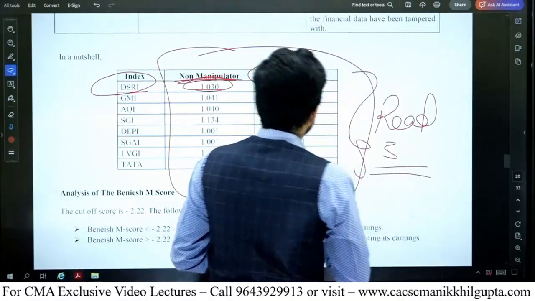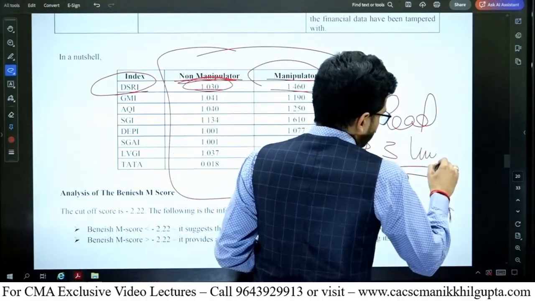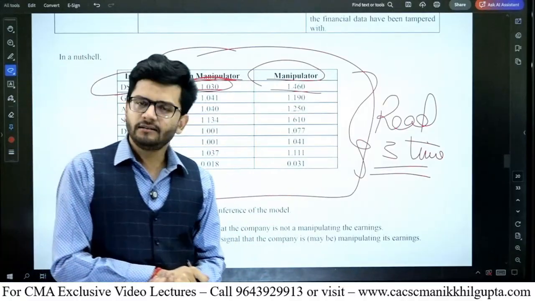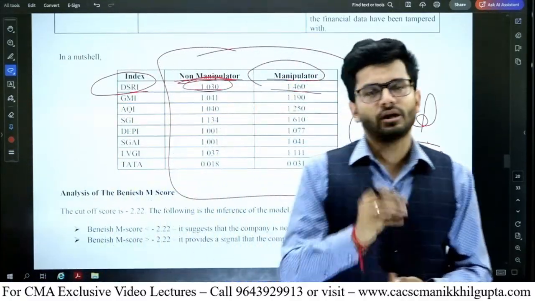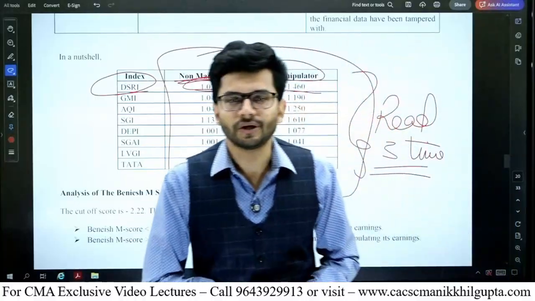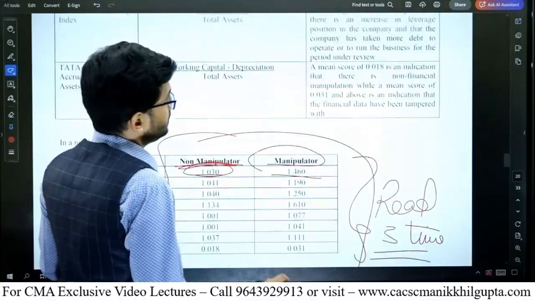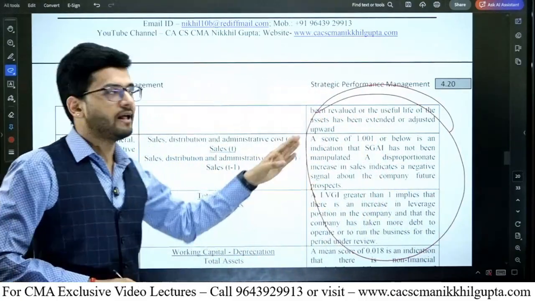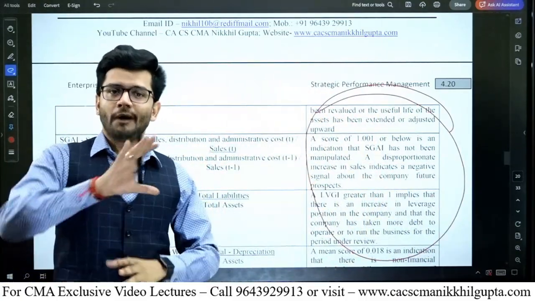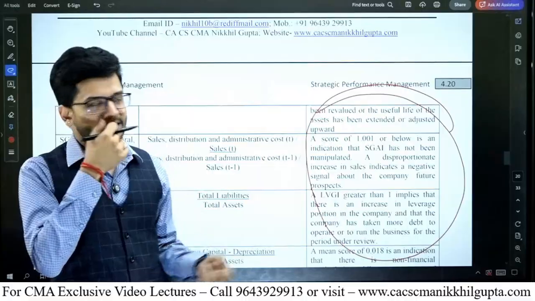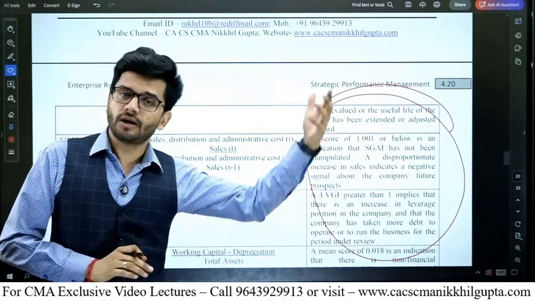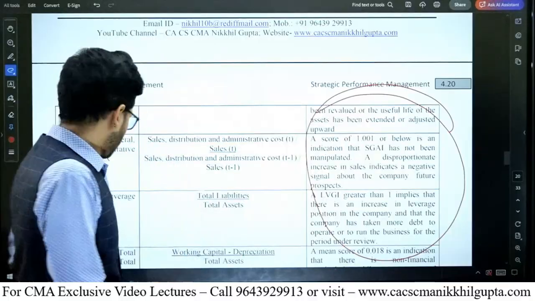You just read these numbers 3 times, and fairly you will be able to remember some of them, and based on your fair remembrance you can answer the question if at all it comes from this particular portion. But this third column of this table is definitely required to be done, and this PDF I am referring to is in my book. If you have taken my book, then this PDF is there in my book. As it is, the PDF is also there in the Institute study material. You can refer to the Institute study material as well.